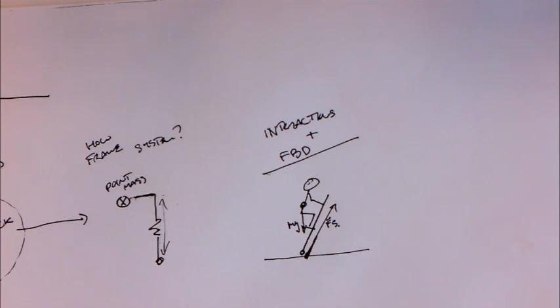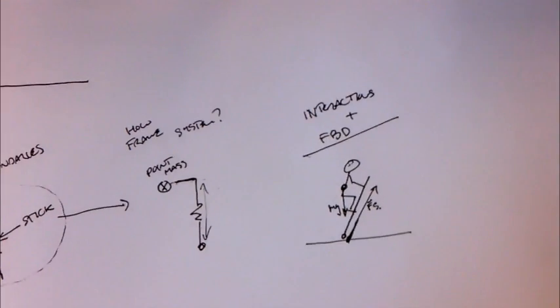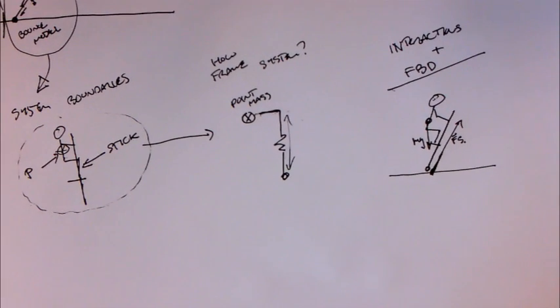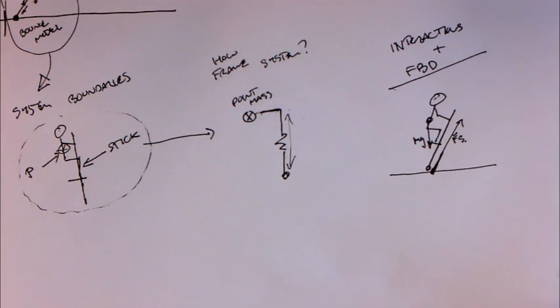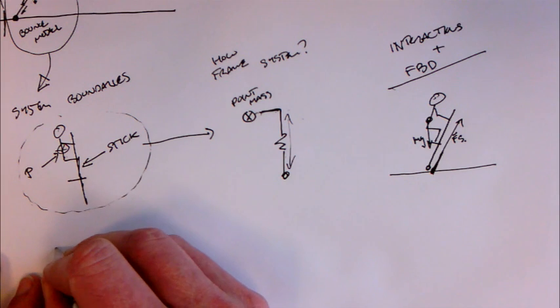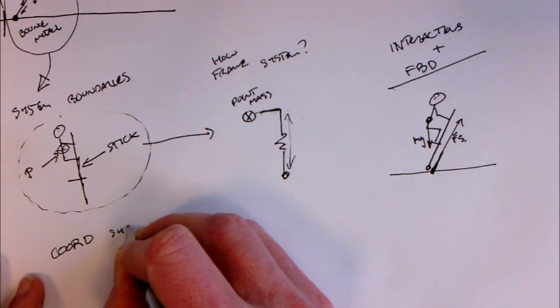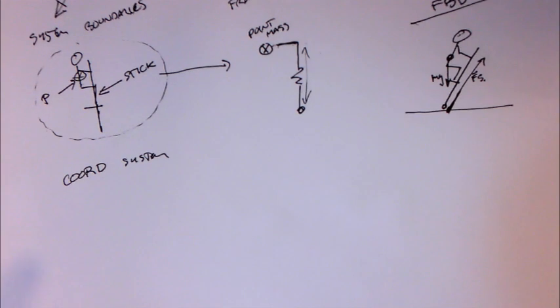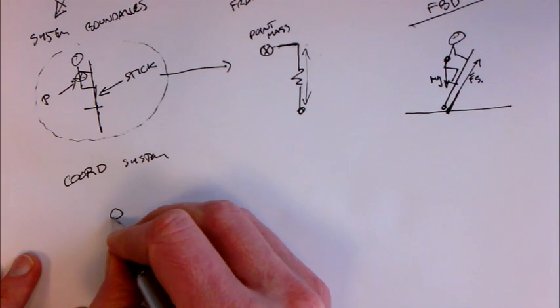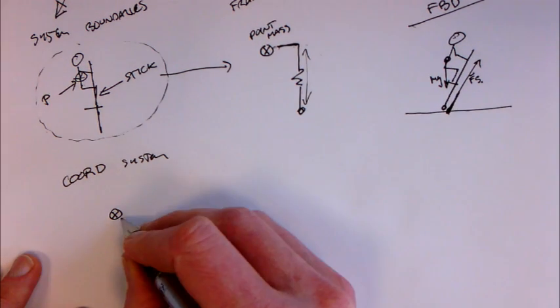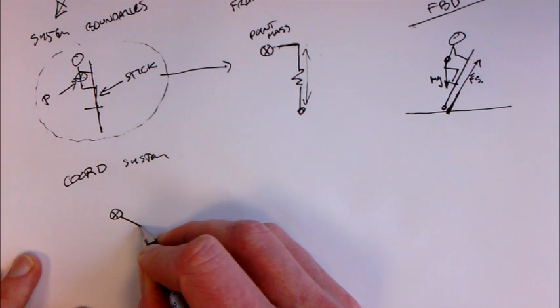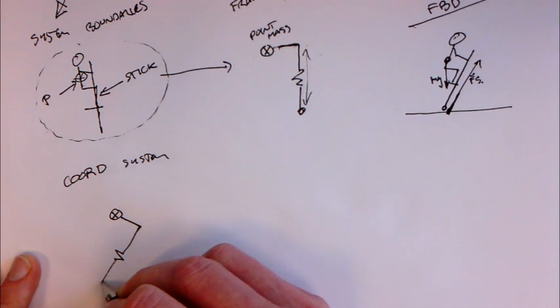Okay, so at this point, I could start to think about what the mathematics of this are. But now that I've got my system boundaries and I've figured out how I'm going to think about the system, I really need to draw an abstraction that allows me to think about a coordinate system and parameters. So let me draw that abstraction. I've got the point mass, and the point mass is offset from the spring by some distance.